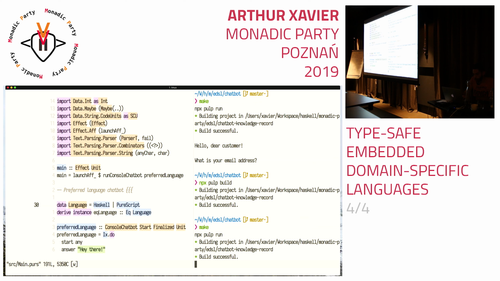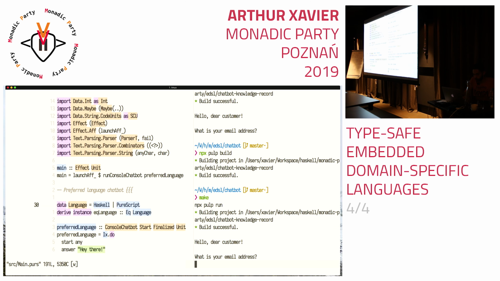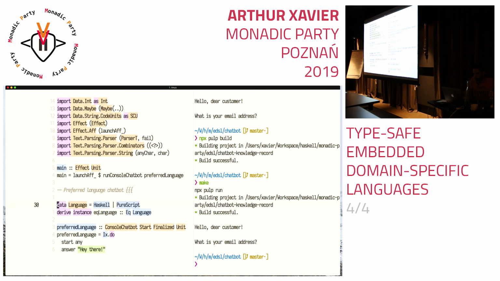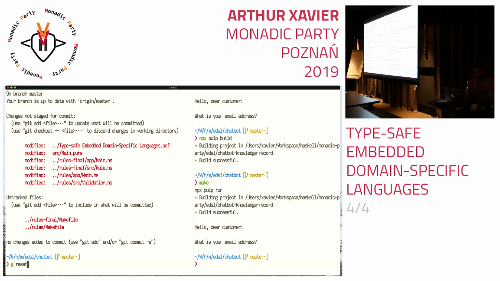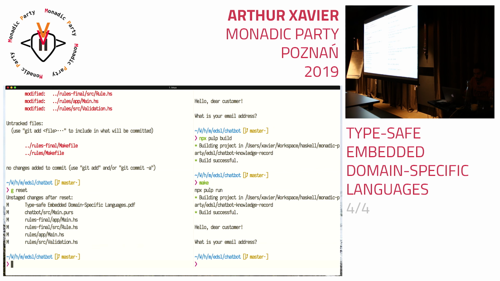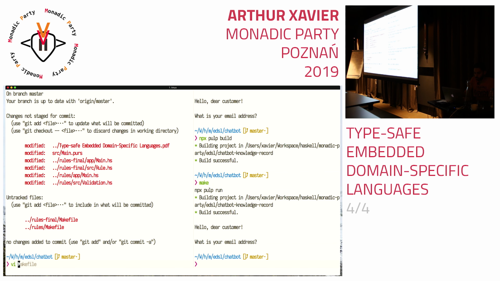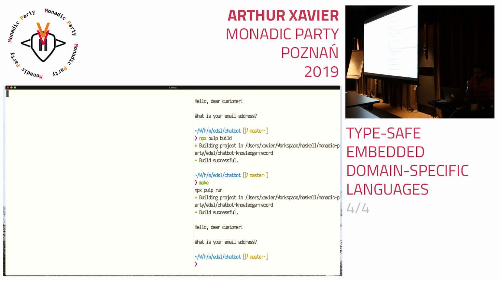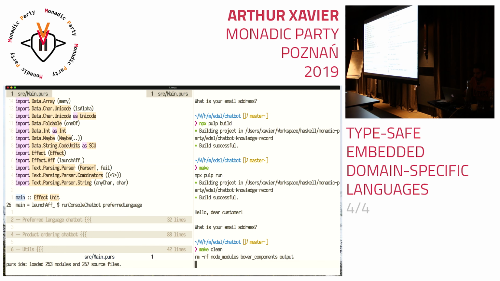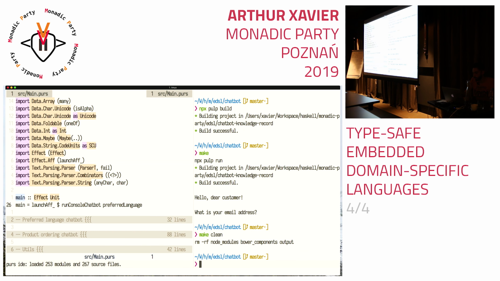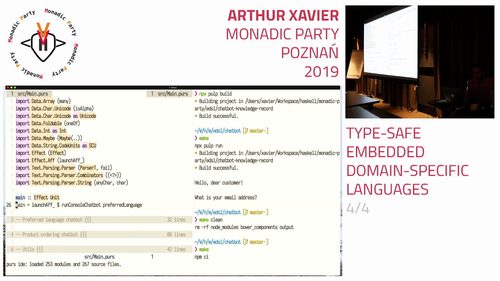So it's waiting for my input, and now, oh, what is happening here? I'm probably in the wrong folder, I guess. No. Yeah, this is where live coding goes wrong. Yeah, can do some make clean here. Oh, this is going to take some time. Shoot, shouldn't have done that.